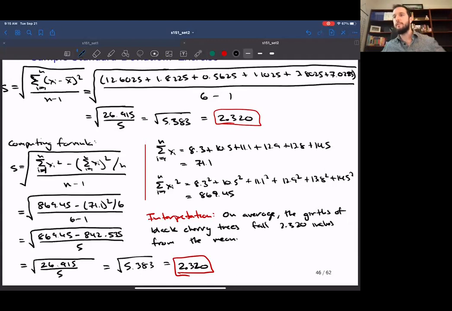So we're just saying what the value is, again, is basically just a measurement of how far the observations are from that mean. So in this case, we would basically just say that the standard deviation is telling us that from the mean, the girths range 2.32 inches in either direction. So we can be 2.32 inches smaller than the mean, up to 2.32 inches bigger than the mean on average. Does that make sense?